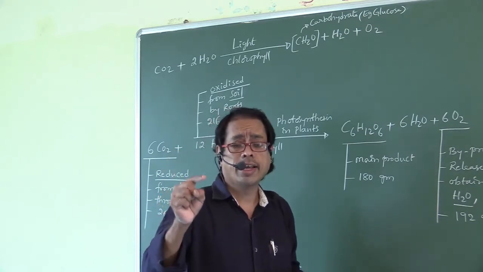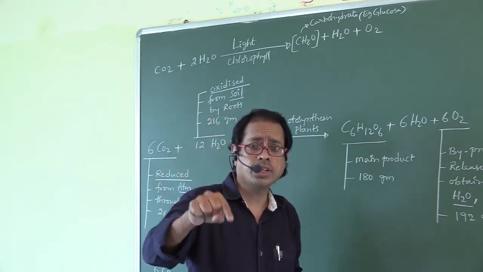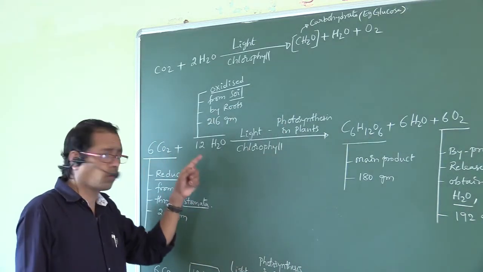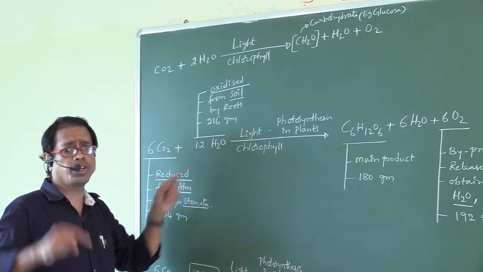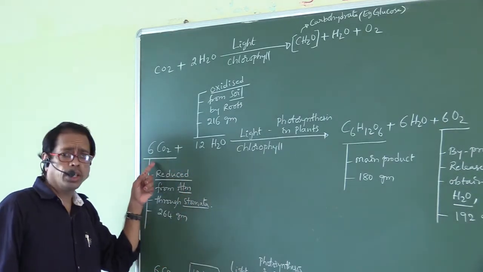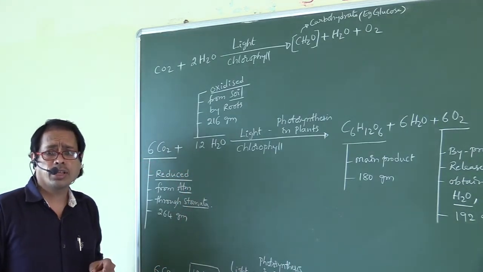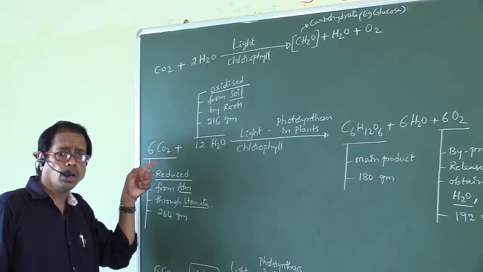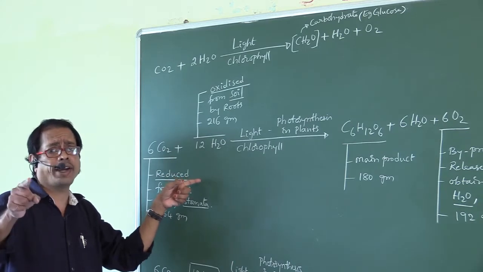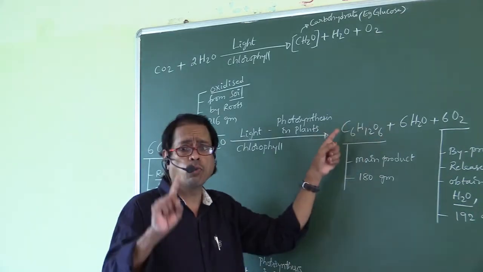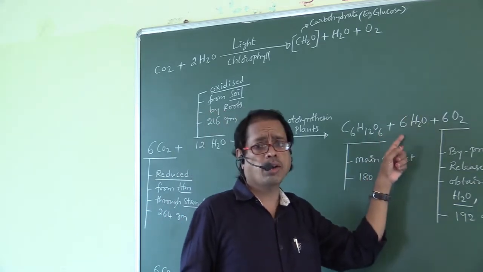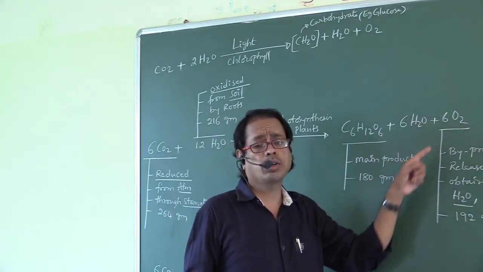The ratio between CO2 and H2O molecules utilized is 6:12, equal to 1:2. So 6 CO2 and 12 H2O are required for the formation of one glucose, and 6 H2O molecules are evolved and 6 O2 molecules are released.